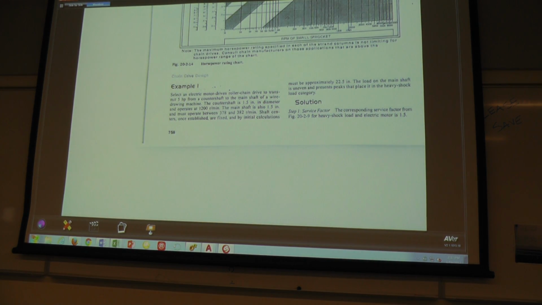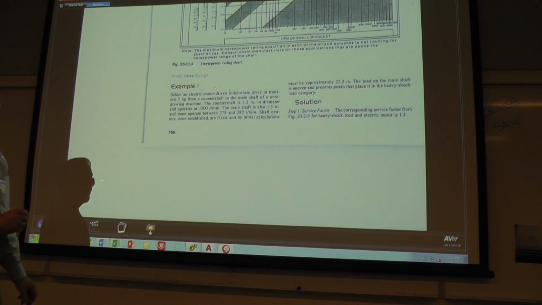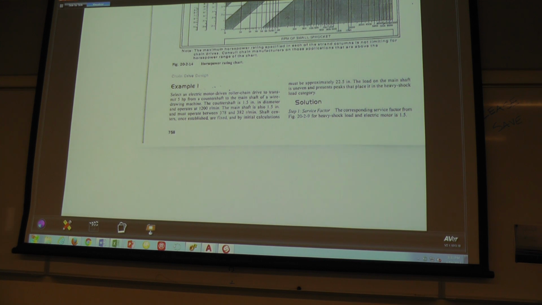All right, back to our sample problem. To start this, we look at the service factor. The corresponding service factor from figure 20-2-9 for heavy shock load and electric motor is 1.2, and I've covered all that up with all my messing around here.